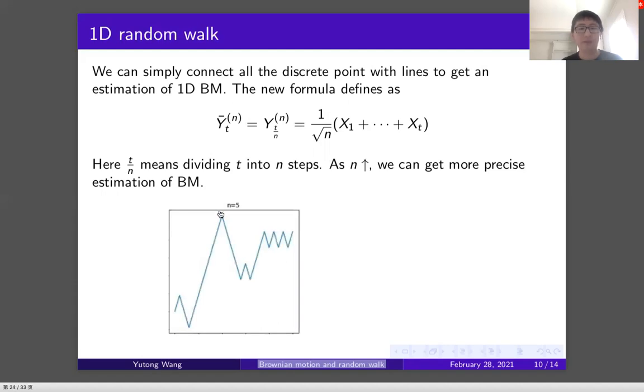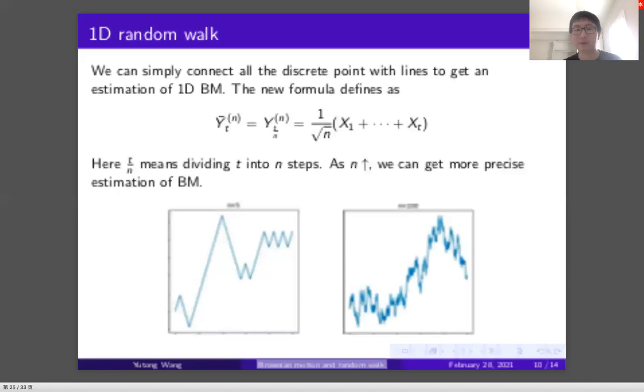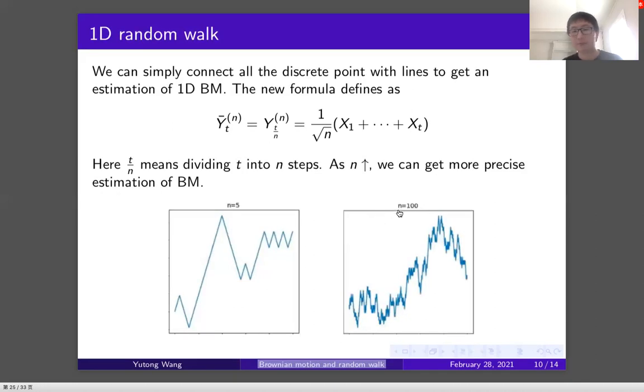Here, if you just set n equal to 5, it gives you a very rough graph. You see there is a straight line everywhere. You cannot get much information. However, if we set n equal to 100, you can get very detailed information.